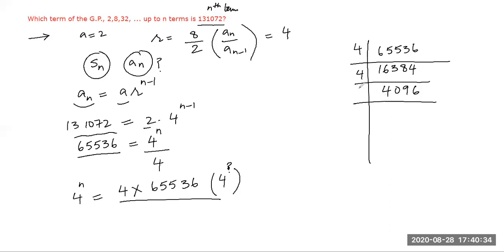Again by 4, 4 twos are 8, 4 fives are 20. Again by 4, but now it's coming 2. So we're not able to divide by 4.